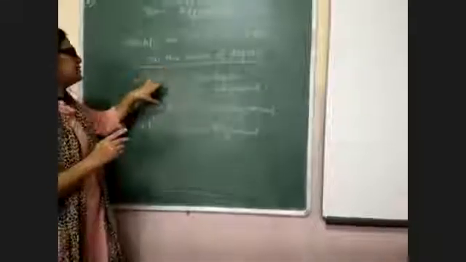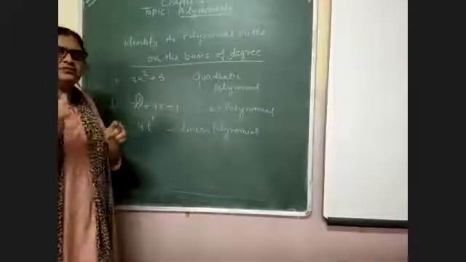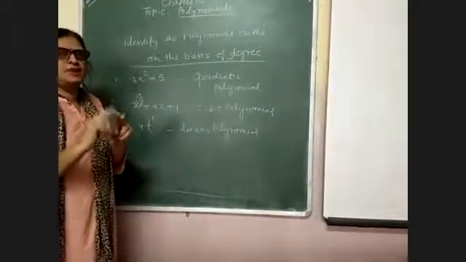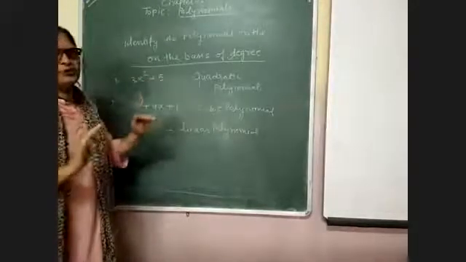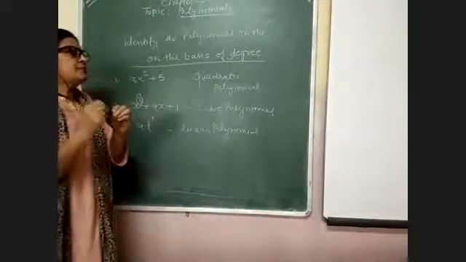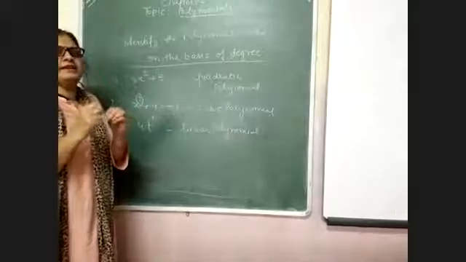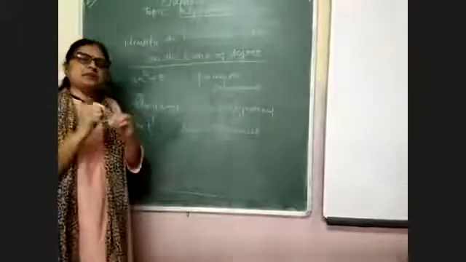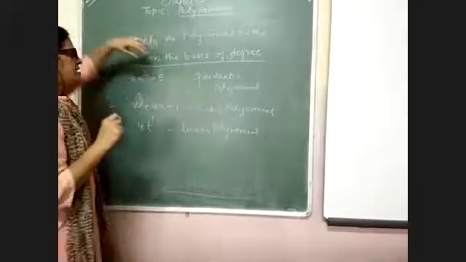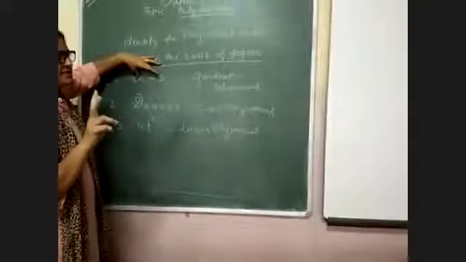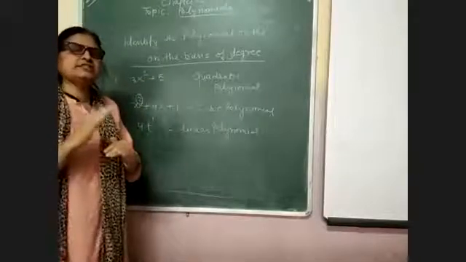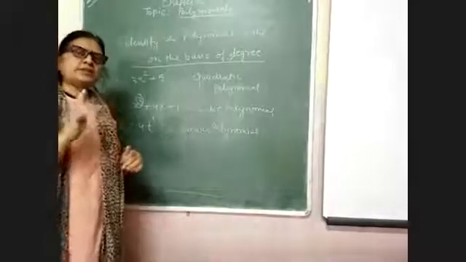For example, in 3x^2 + 5, on the basis of terms, two terms are used, 3x^2 and 5, so you can call it a binomial polynomial. But on the basis of degree, you have to see the highest degree used in the algebraic expression. You have to distinguish between the terms and the degree when identifying the polynomial.